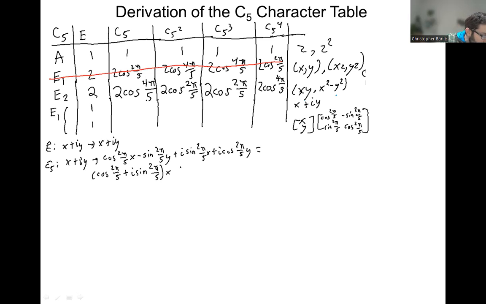And then if we factor out the y component, we're going to end up with cosine 2 pi over 5 I minus sine 2 pi over 5, that whole thing times y.